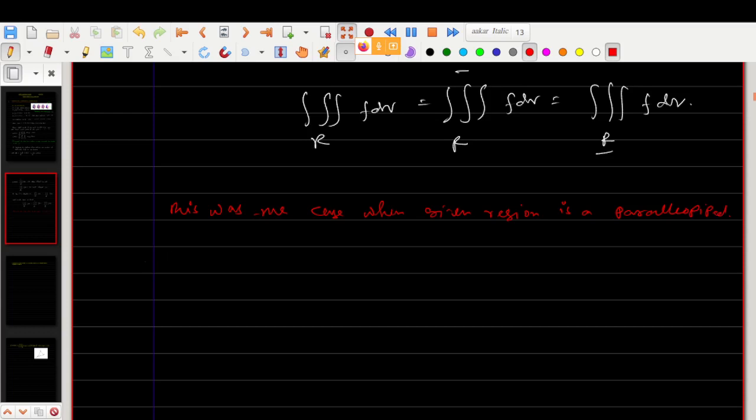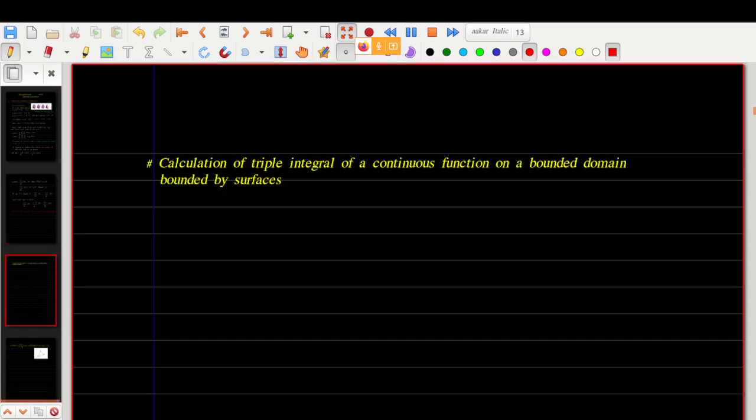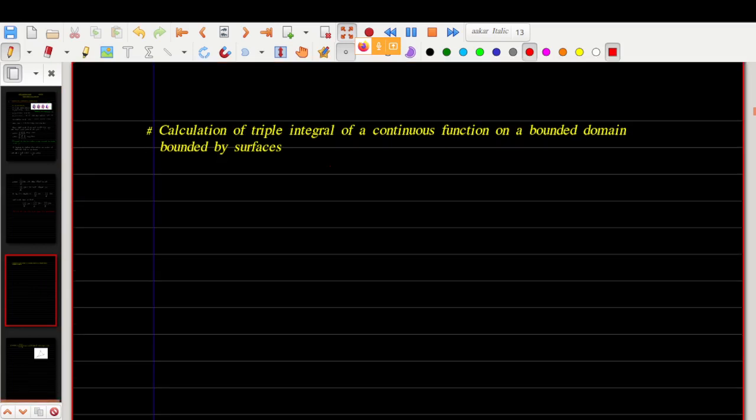So now we shall see how to compute the volume integral for a region when the region is bounded by surfaces. Okay, so the same idea. So here, calculation of a triple integral, or volume integral, of a continuous function on a bounded domain bounded by surfaces.